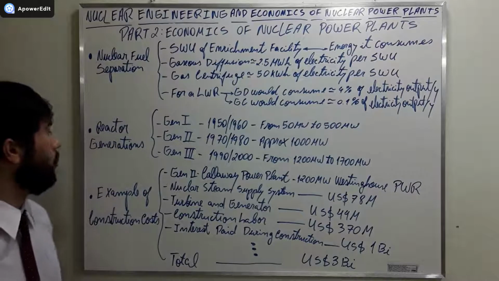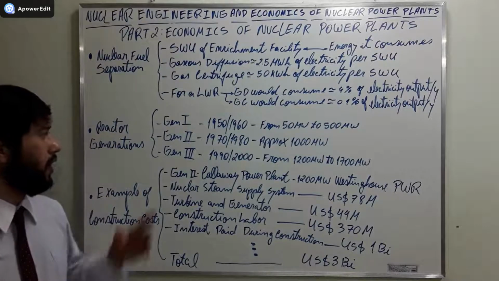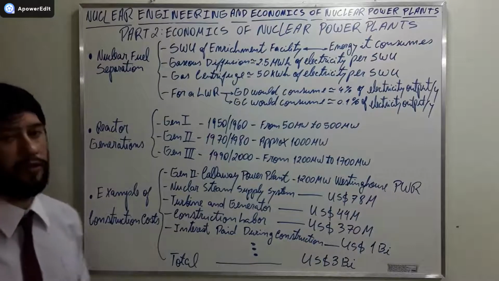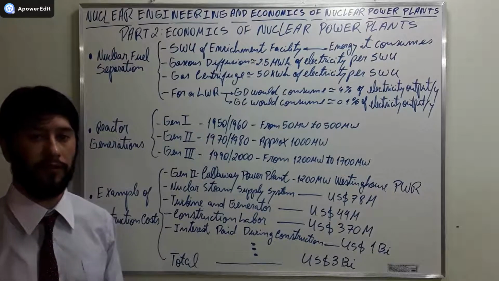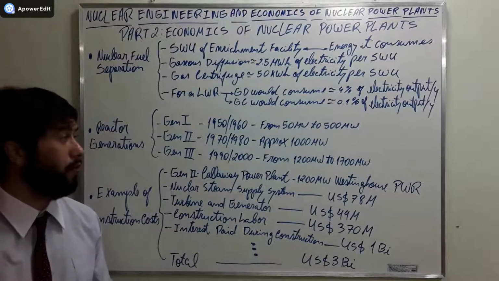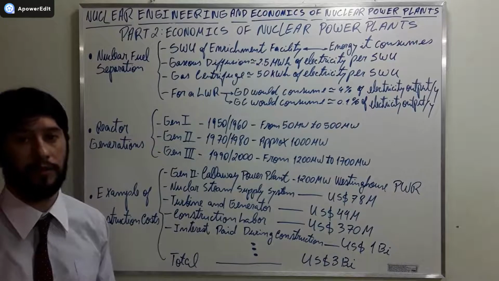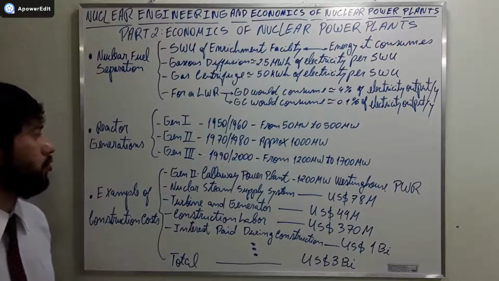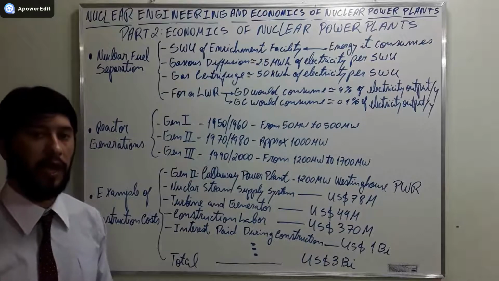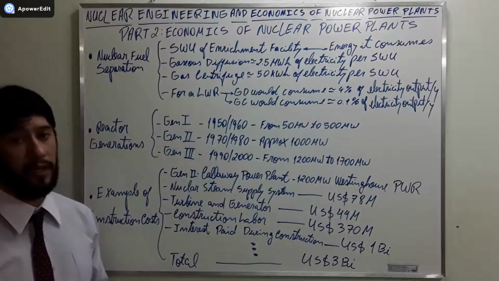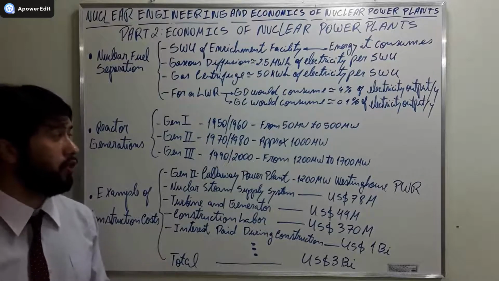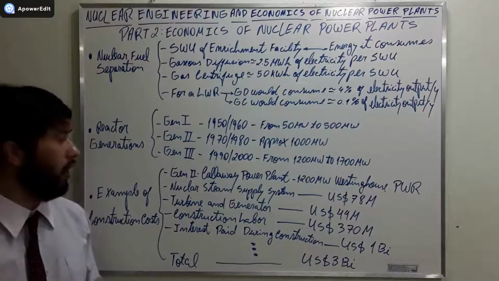Now let's talk about reactor generations. Generation 1 reactors are reactors built in the 1950s and 1960s, and their installed capacity ranged from 50 megawatts to 500 megawatts. Generation 2 reactors are reactors built in the 1970s and 1980s, and their installed capacity was in the range of 1,000 megawatts.